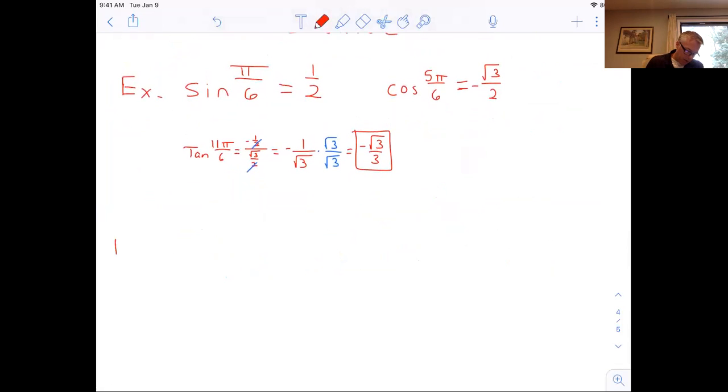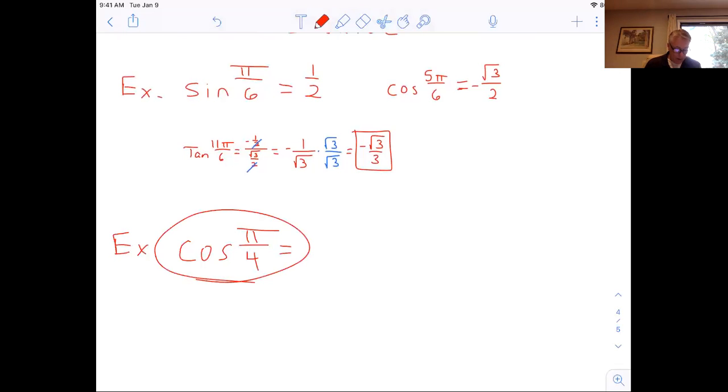All right, I'm going to do a couple more. Let's say cosine of pi over 4, we want to know what that equals. This is the x value at pi over 4. So looking on my unit circle at pi over 4, the x value is root 2 over 2.